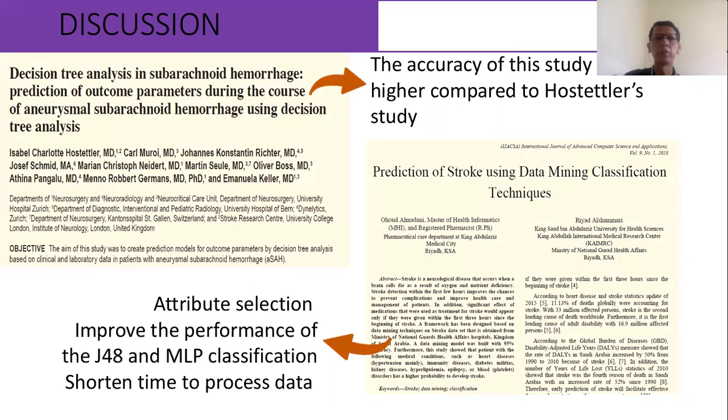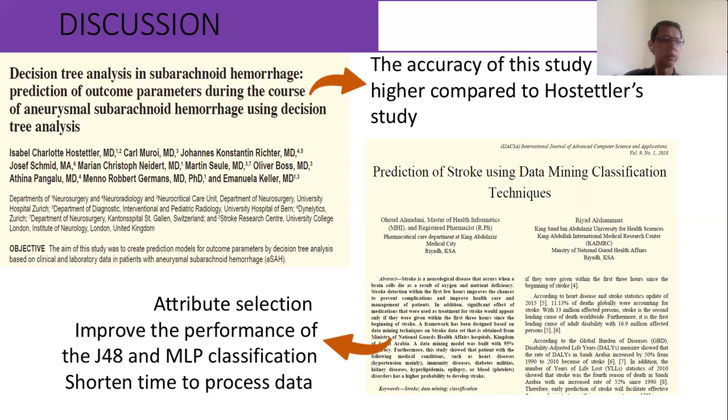In the discussion, we compare previous studies with our result. The accuracy of this study was higher compared to the Hostetler study. It was caused by the Hostetler data sets containing variables with missing values, but we don't know how many missing values.